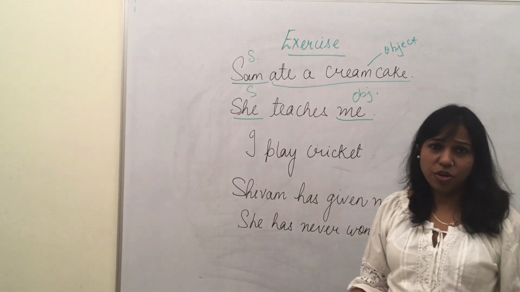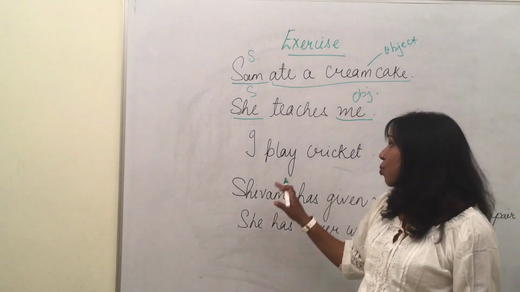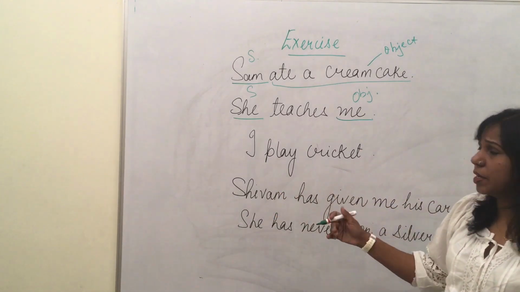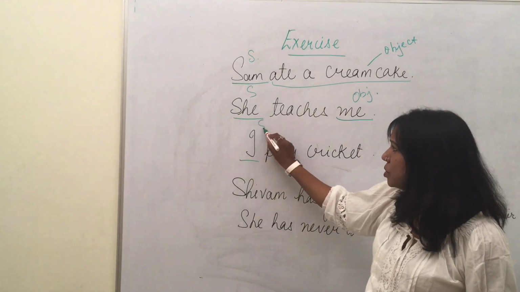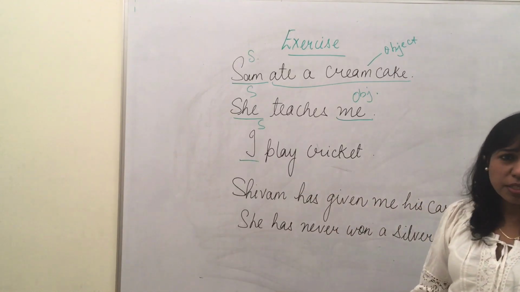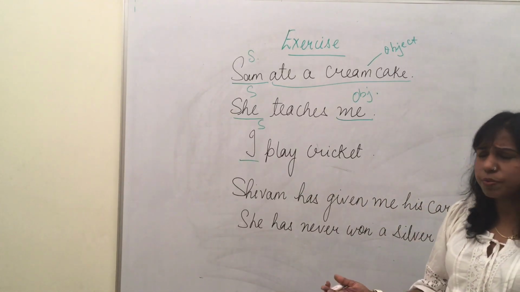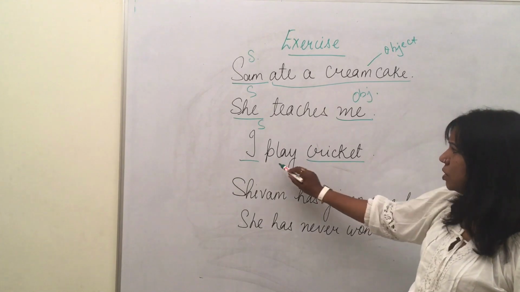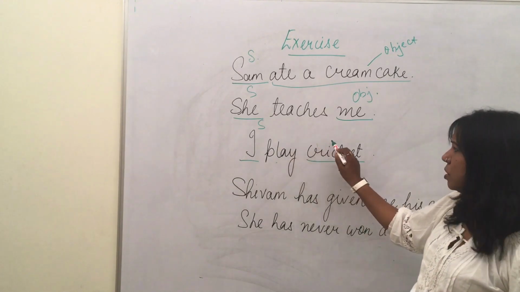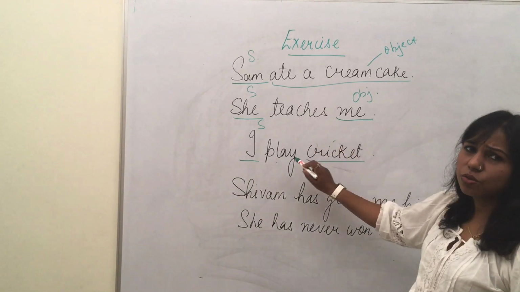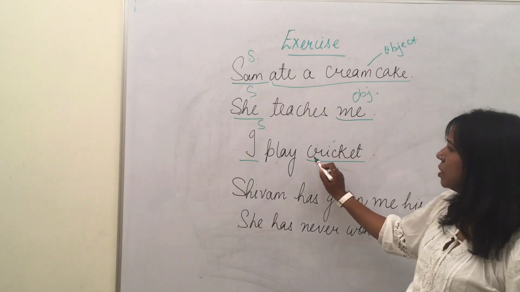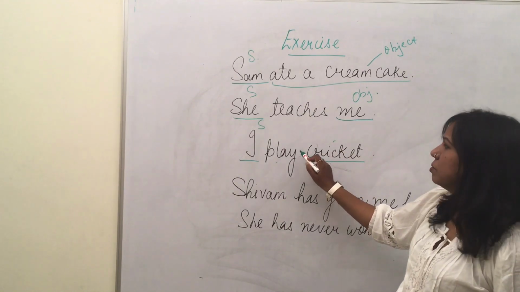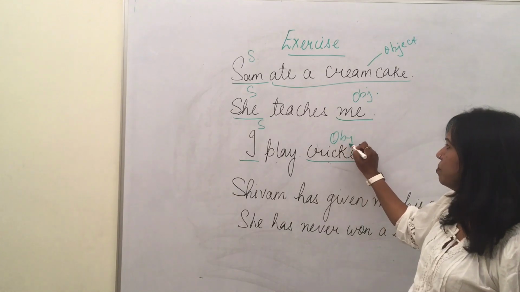Again, what should I ask? Who is playing cricket here? I. So I becomes your subject. And what is he playing? Again the question is, what is he playing? It's cricket. You see the verb is here and immediately a word is coming after it, so cricket becomes the object.